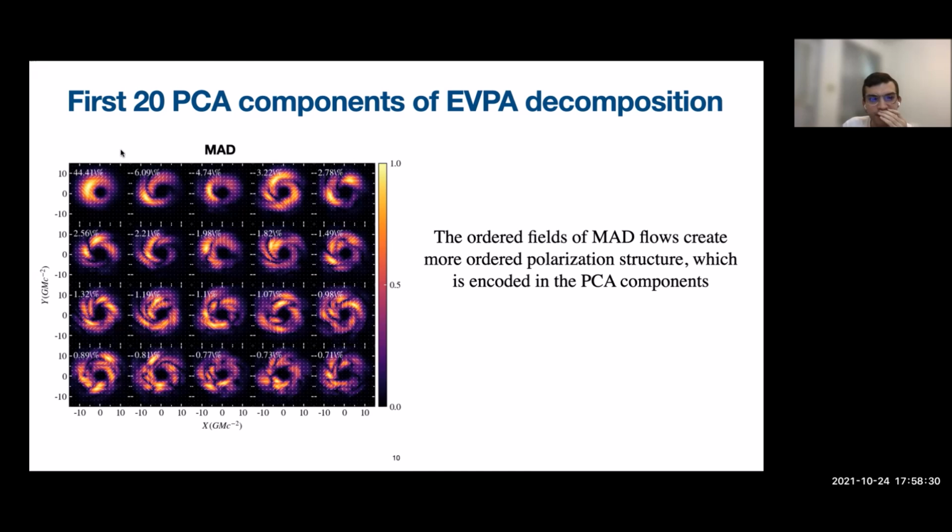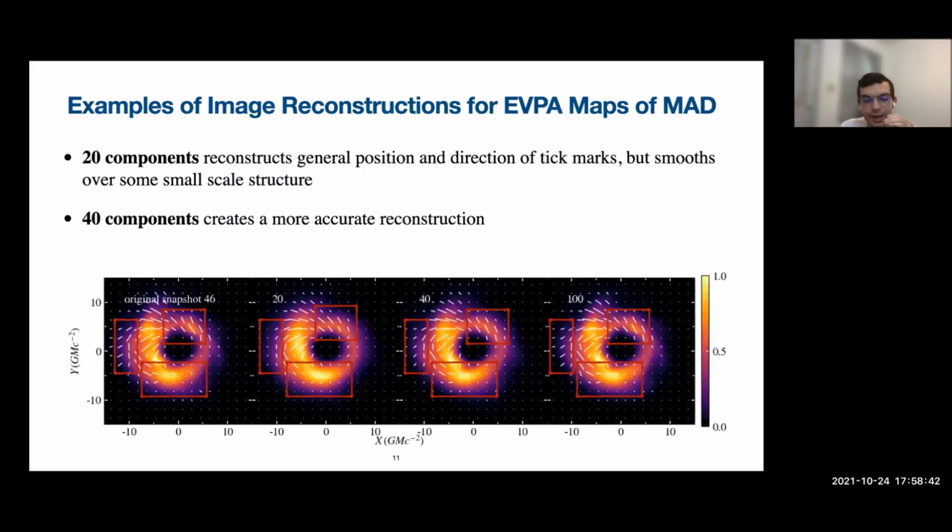And so by combining these components and these patterns, we can approximate a wide range of EVPA maps. Here we have an example of those reconstructions using the previous idea. This is the original snapshot, while these are reconstructions using 20, 40, and 100 PCA components.